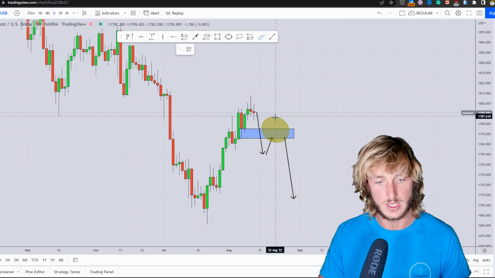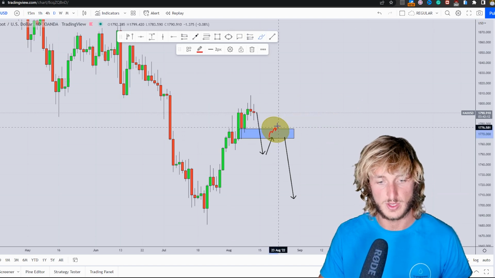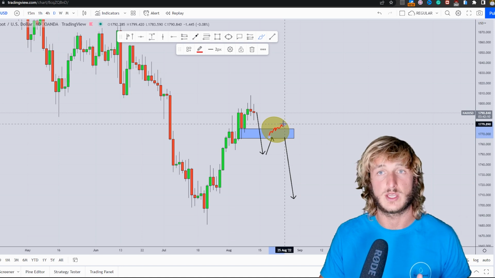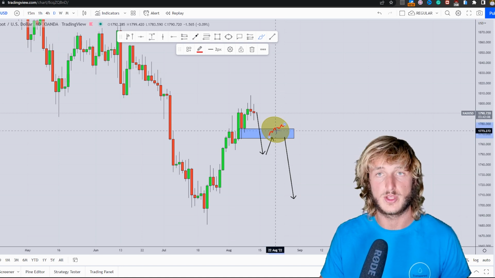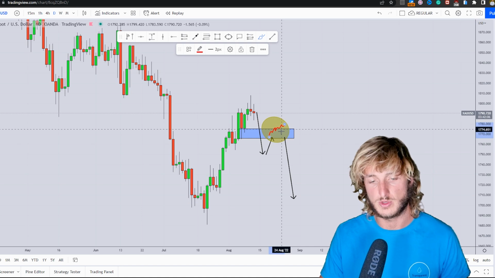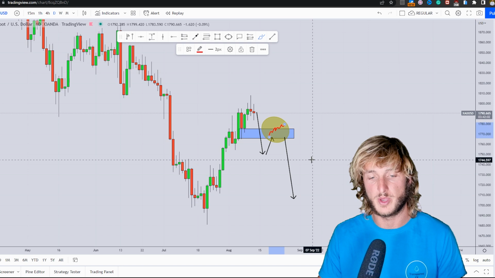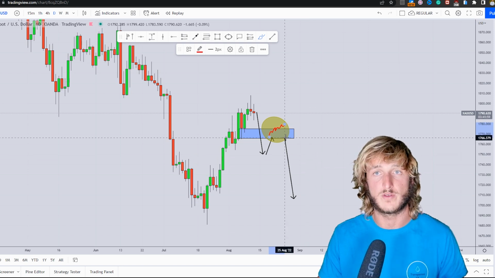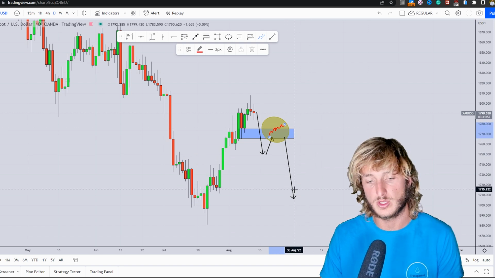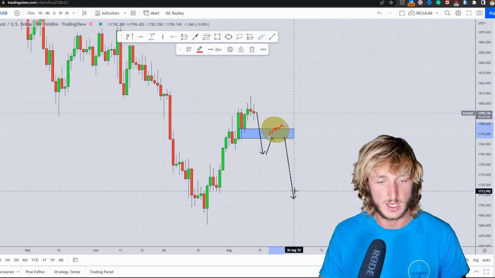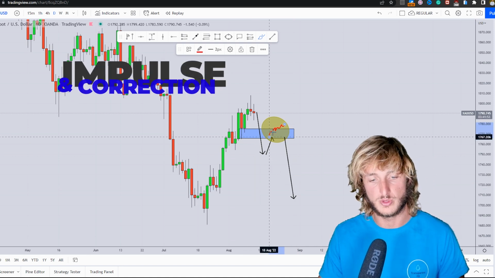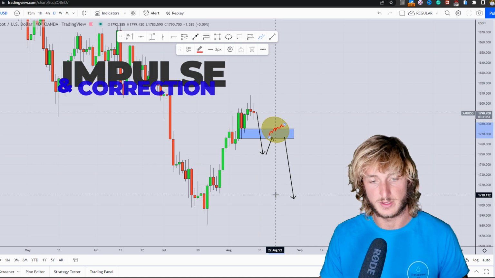Therefore, what we could be doing is monitoring price action from an intraday perspective during this move to the upside, waiting for the market to shift from an intraday bullish market as we would have to an intraday bearish market. And if the market would shift from an intraday bullish to a bearish market and provide to us one of our valid entries, at that point we could be looking for a potential move to the downside for the market to complete this impulse correction and impulse pattern to the downside.